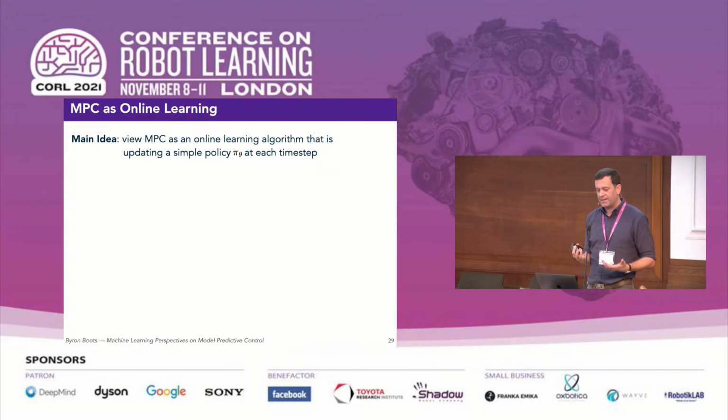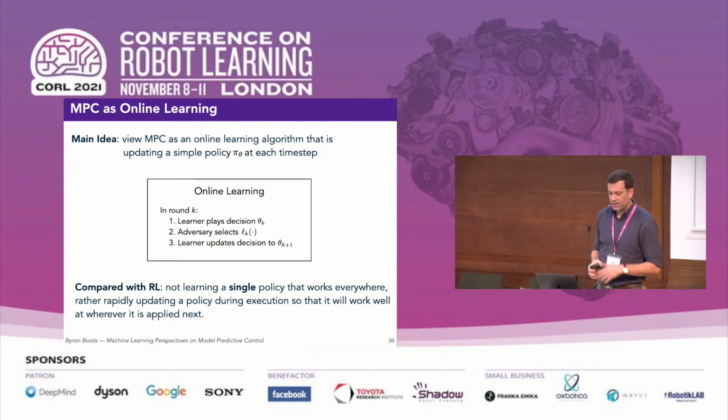So the main idea is that we're going to view MPC through the lens of online learning. And note that this is different from what I just described. It's different from using online learning to learn a dynamics model, which we just discussed. Here, we're viewing the MPC algorithm as an online learning algorithm that is optimizing the parameters of some really simple policy pi.